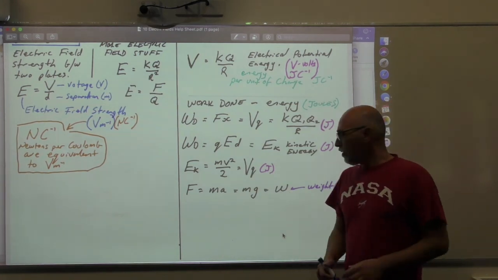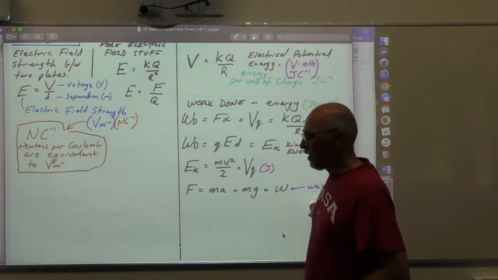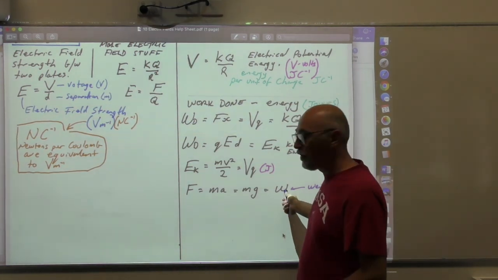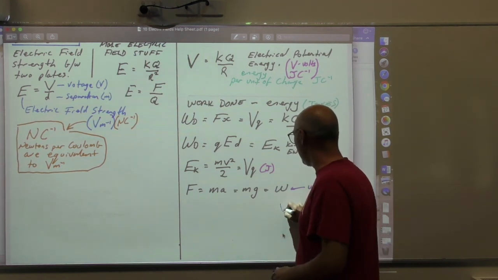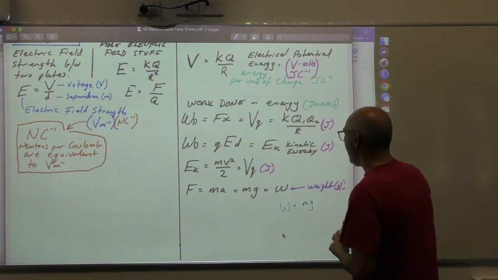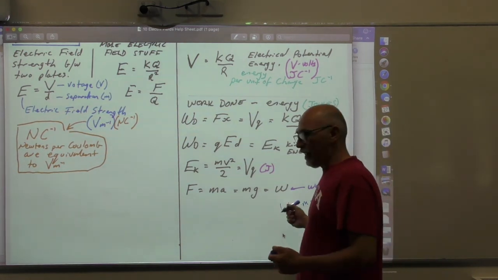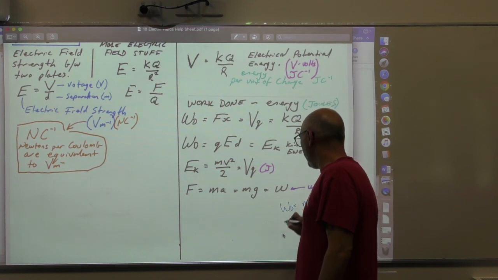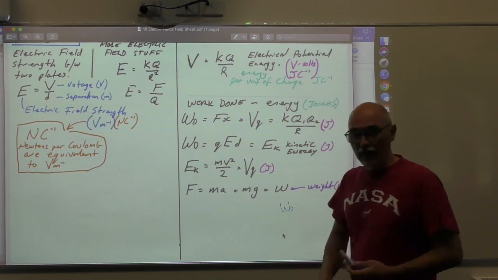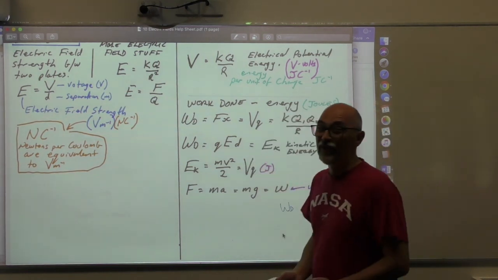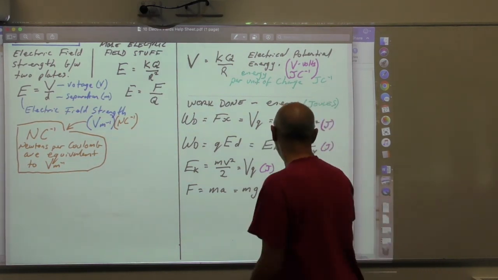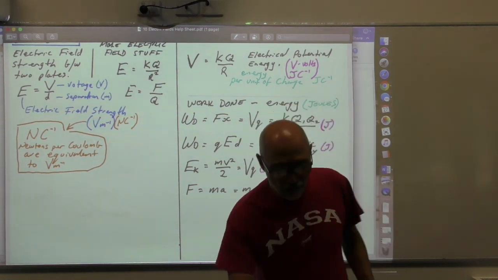When you see a W on its own, what we're really looking at is the weight, similar to weight equals mg, the weight of an object. But I've gone through and put WD for work done, so that's not the same. Work done is a different thing to just W, which is weight. Work done is in joules, weight is in newtons. So that can be a bit confusing if you're not looking out for it.